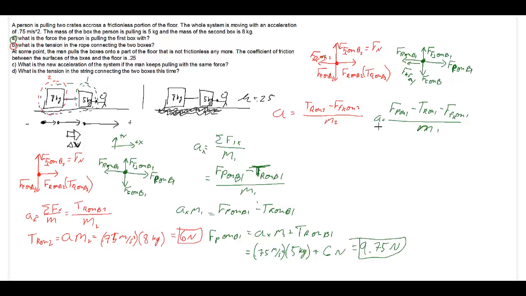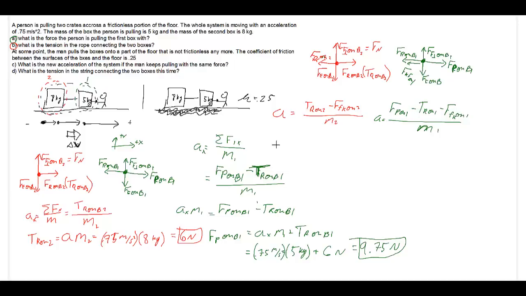Since we want to find out what the acceleration is, I'm not going to set these two parts equal to each other. What I'm going to do is solve for the tension, because the tension is the same in both of them, and then set those two equations equal to each other.